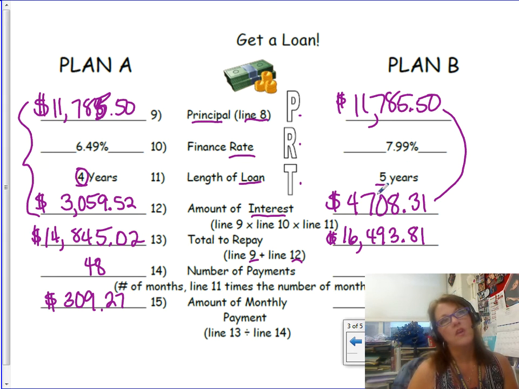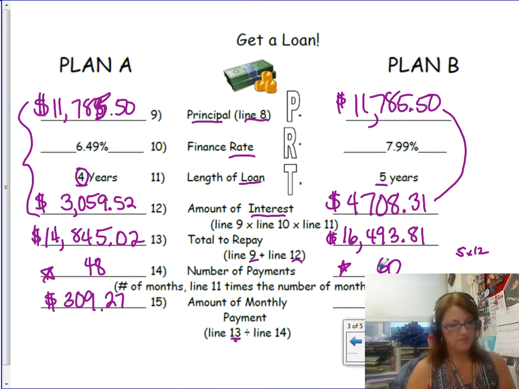And so I have to calculate how many payments that's going to be. Well, 5 years, 12 months in a year, I'm going to have 60 payments. Everyone should have 60 on this line, just like everyone should have 48 on that line. All right, now go ahead and divide. Take your total here on line 13, divide it by line 14, which is 60.